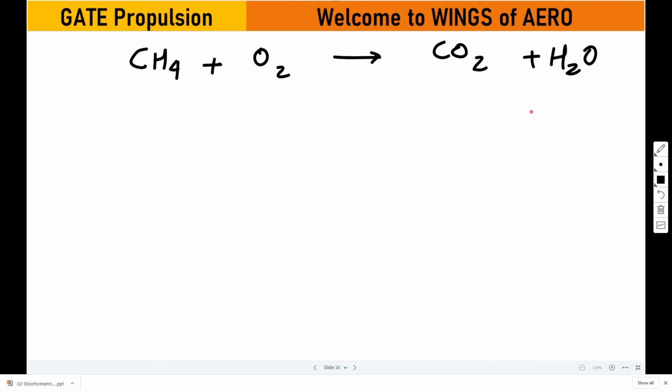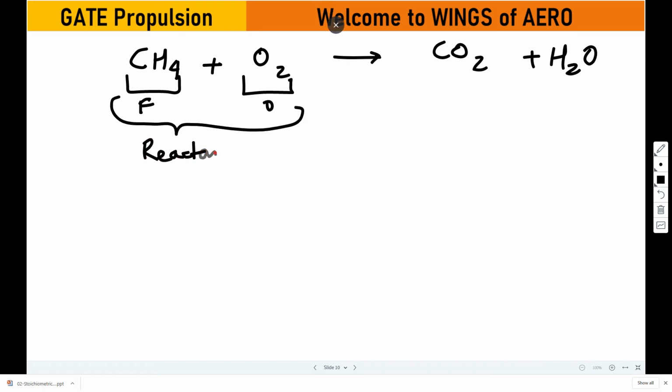Okay, so whenever, this is a fuel, right? This is the oxidizer, and the combination of these is called the reactant, and the combination of these is called the product.